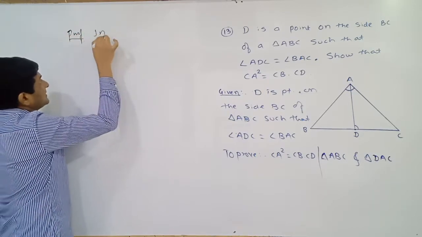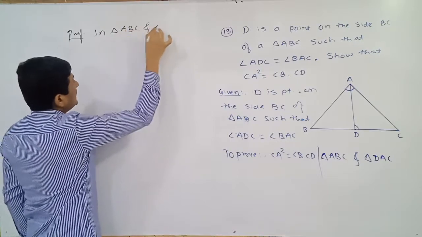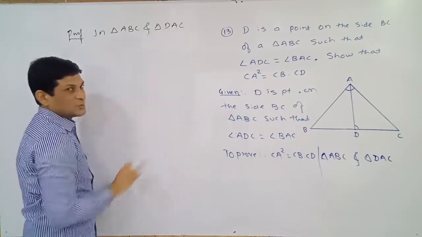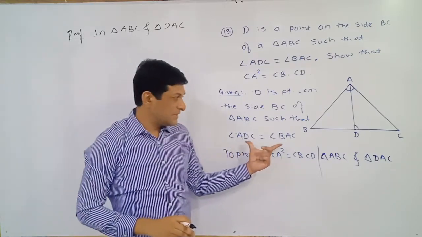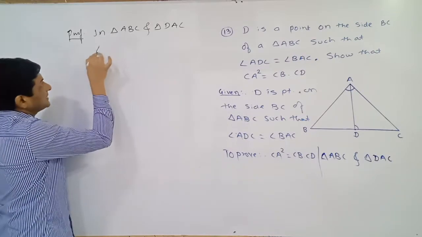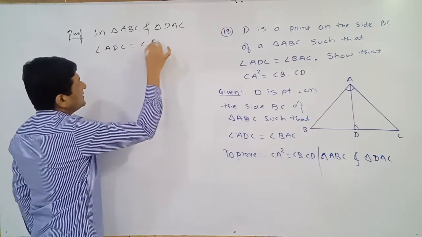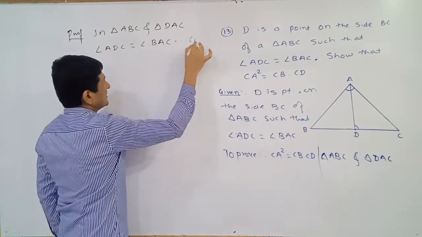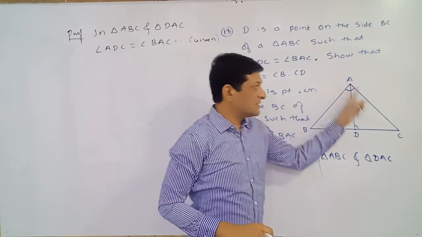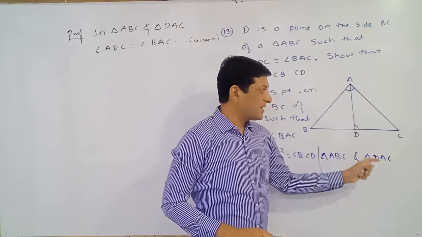In triangle ABC and triangle DAC, in these two triangles, this is the given condition that these two angles are equal, that is angle ADC is equal to angle BAC. Again observe, this BAC is the angle of the first triangle and ADC is the angle of the second triangle.